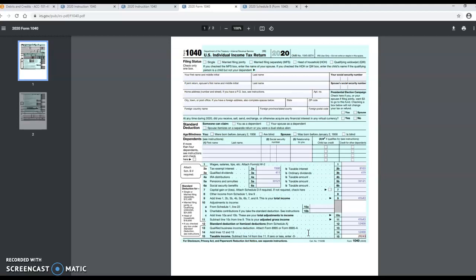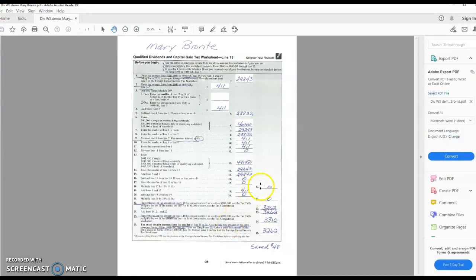So that is her taxable income on line 15. So now we want the amount from line 15. That's the 29,243. Okay, so that's where we got that.